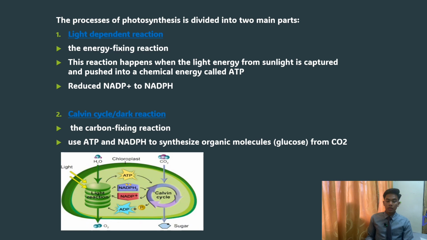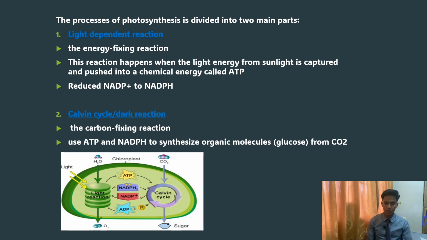So the process of photosynthesis is divided into two main parts that I have said before. This is light dependent reaction and Calvin cycle. The light dependent reaction is the energy fixing reaction, and this reaction happens when the light energy from sunlight is captured and converted into a chemical energy that we call ATP.